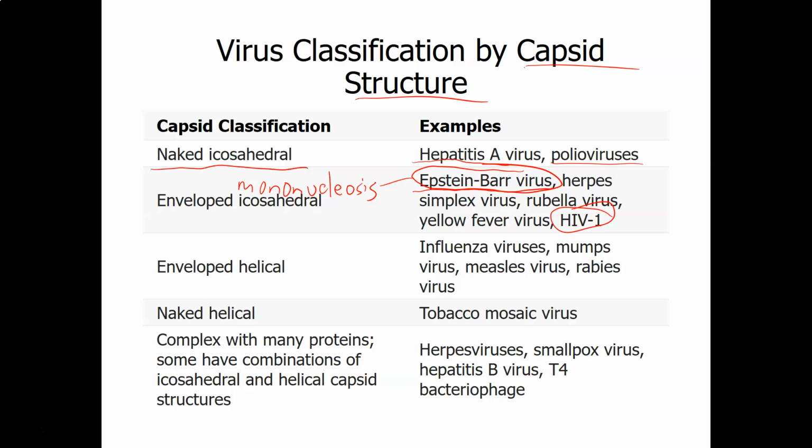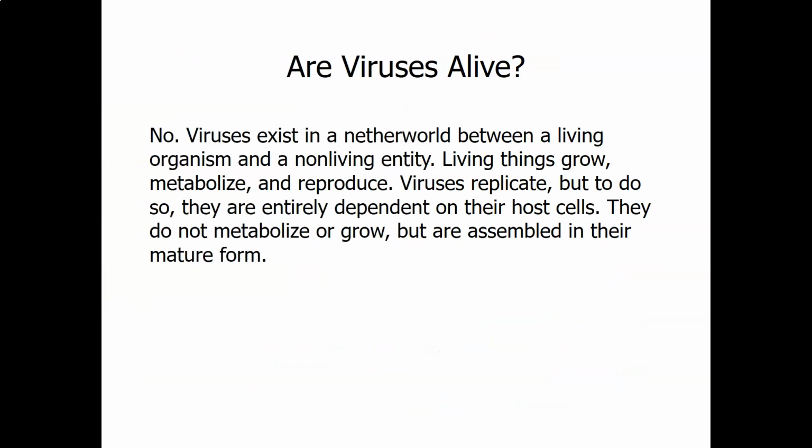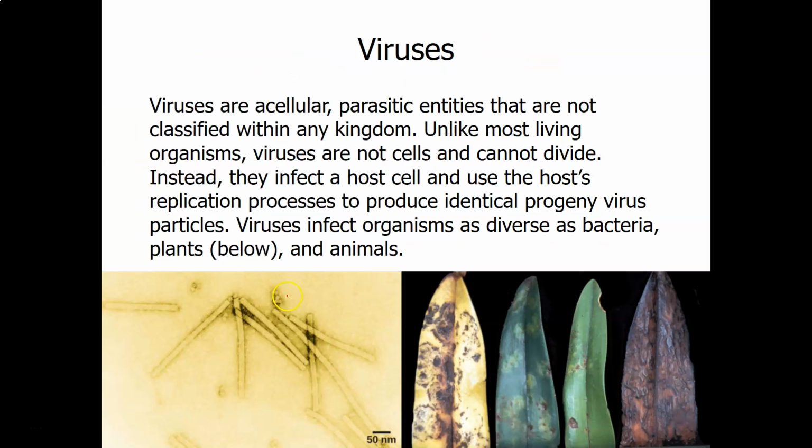So enveloped helical viruses, helical shape would be like the tobacco mosaic virus, but basically when we looked at the tobacco mosaic virus back in the beginning, these look like sticks, but really inside of that is a helical structure.